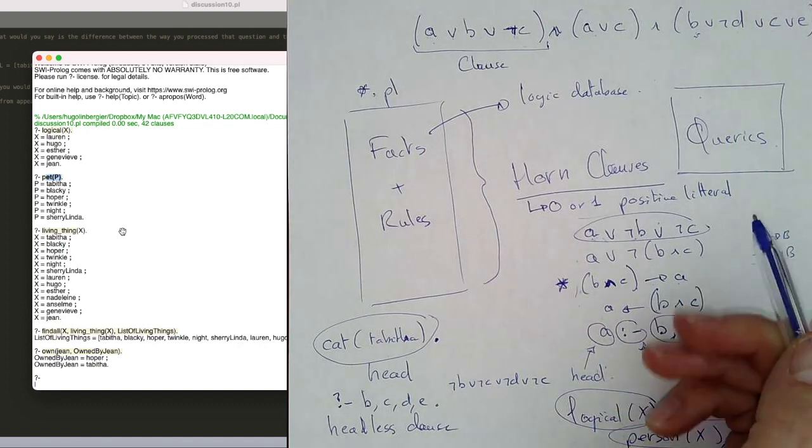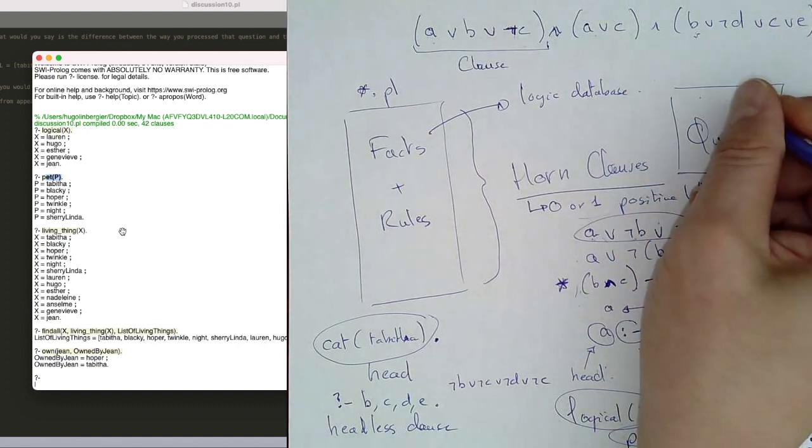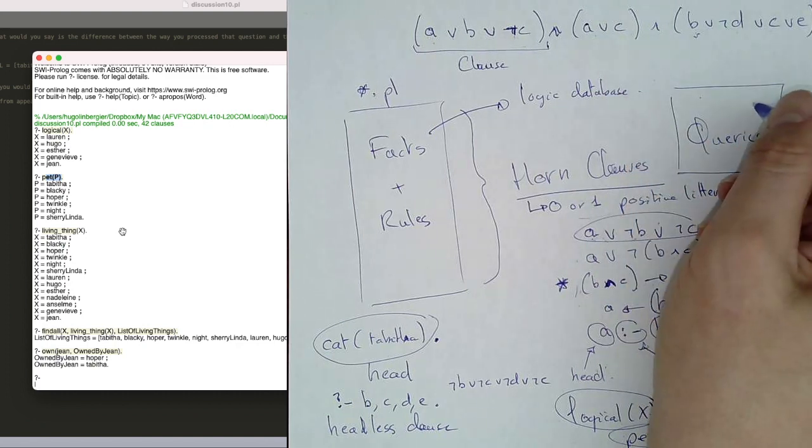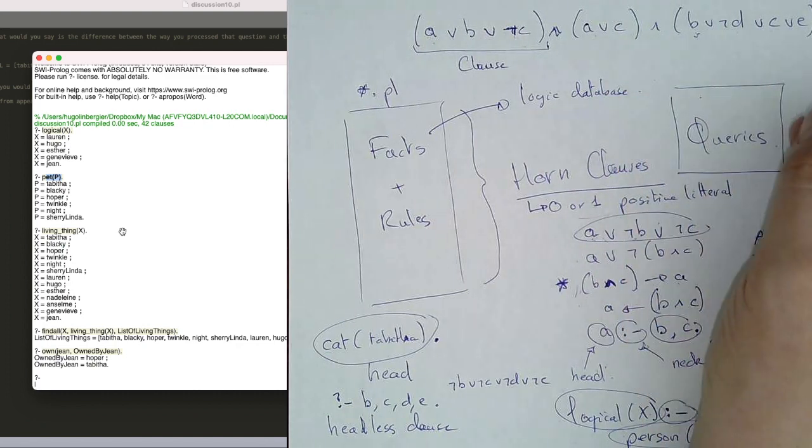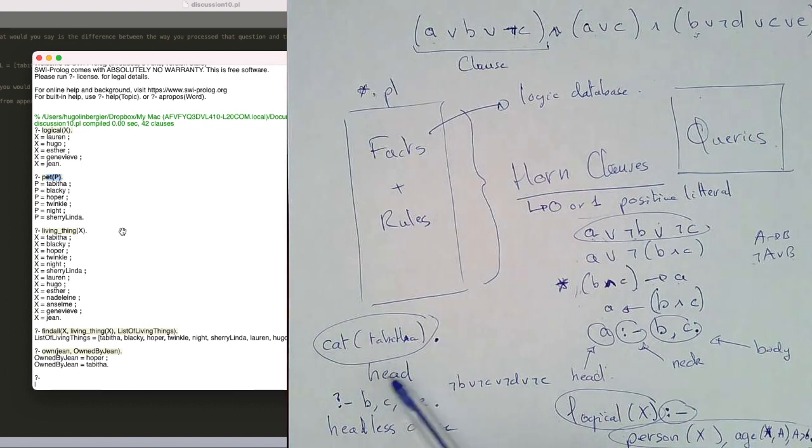And the query is going to be checked against the logic database with one of these headless clauses. A query always consists of a series of literals that look actually positive, but they are going to be translated into negative literals, because that's what they actually are essentially.